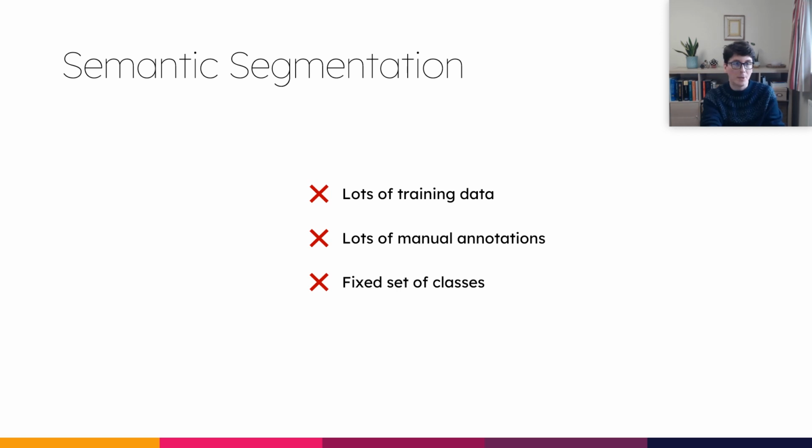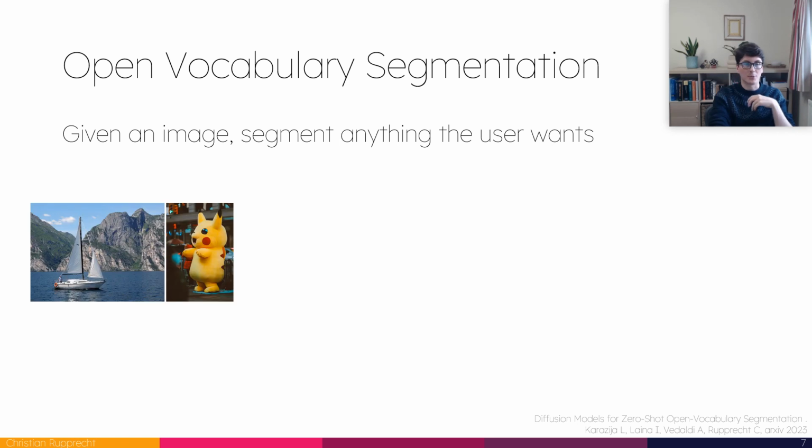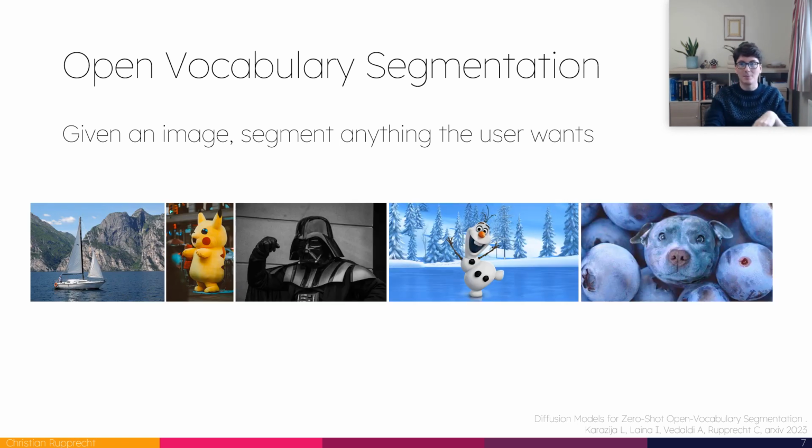People have been iterating on this over the years, and what is currently quite interesting is the space of open vocabulary segmentation, where given an image, we want to segment anything that the user gives us as input. So we have a bunch of images, and then the user specifies the things they want to segment.